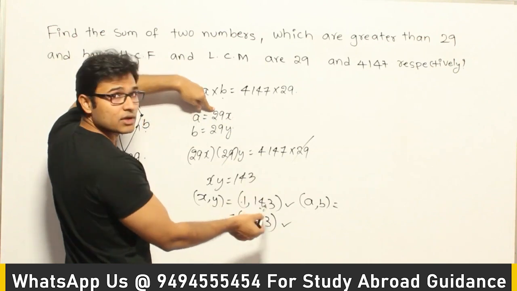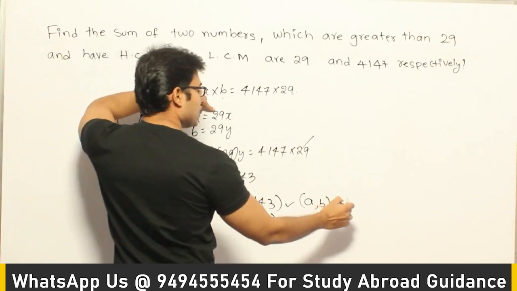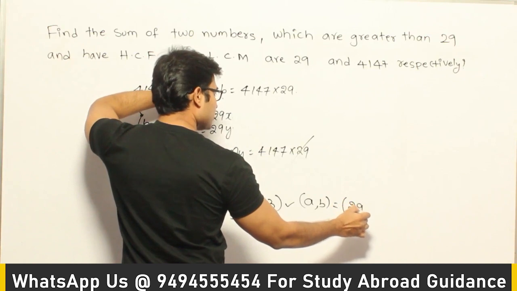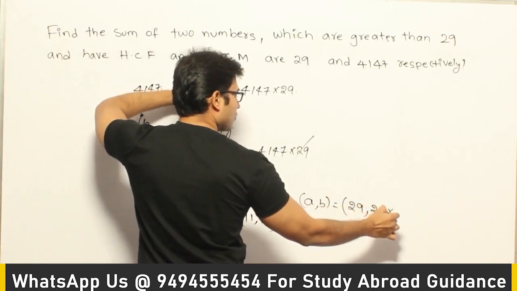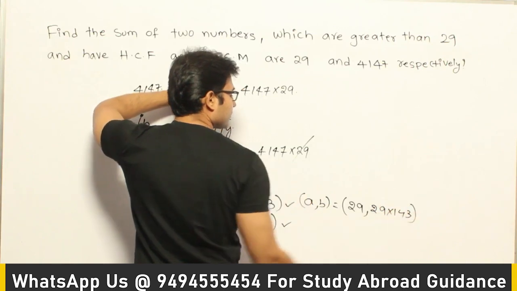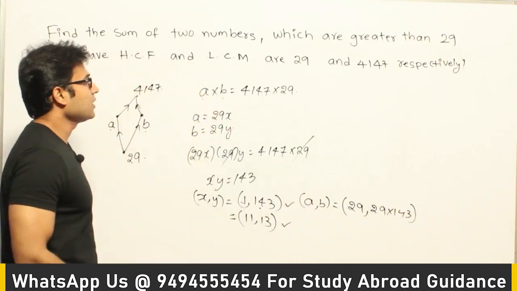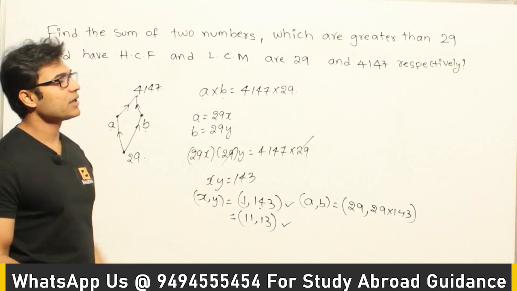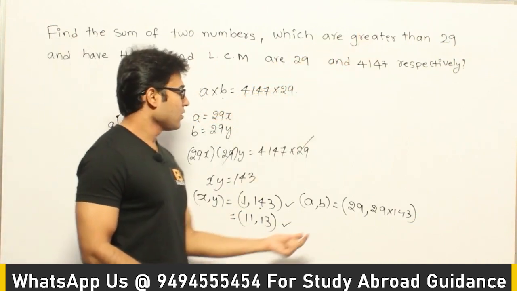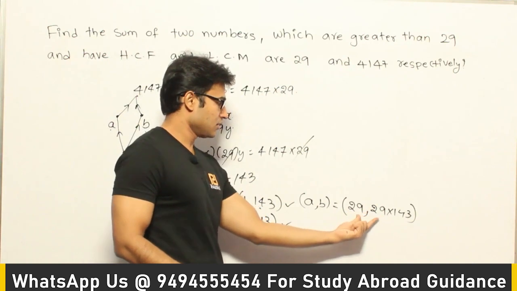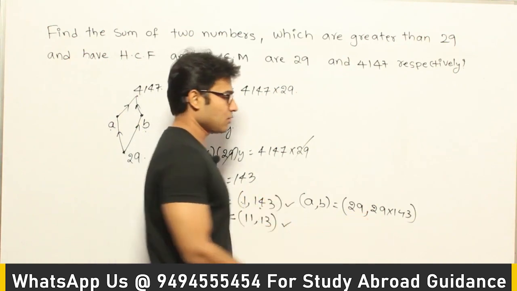One of the numbers is 29 into 1 and the other number is 29 into 143, right? But they are saying that the two numbers are greater than 29. If you see this, the two numbers are greater than 29. Now if you take this combination, this might not be the answer.